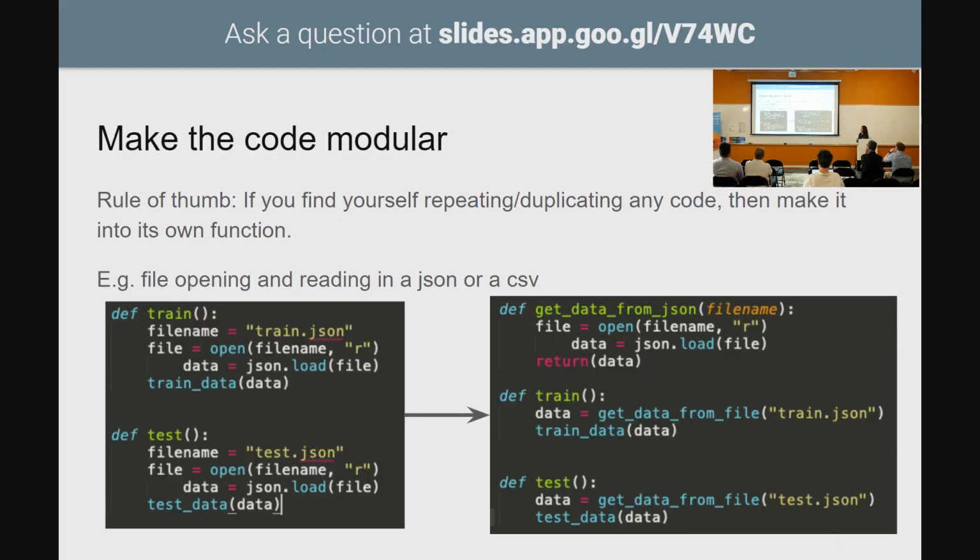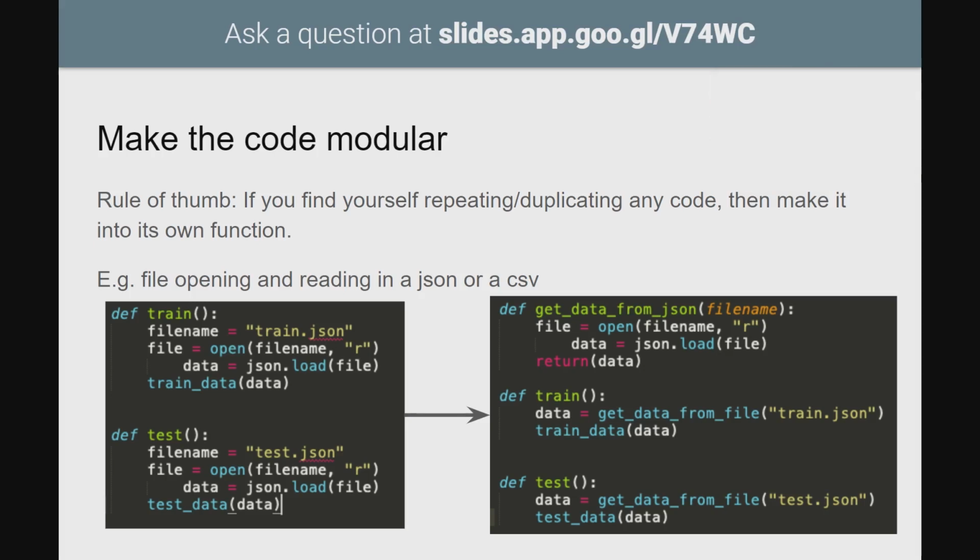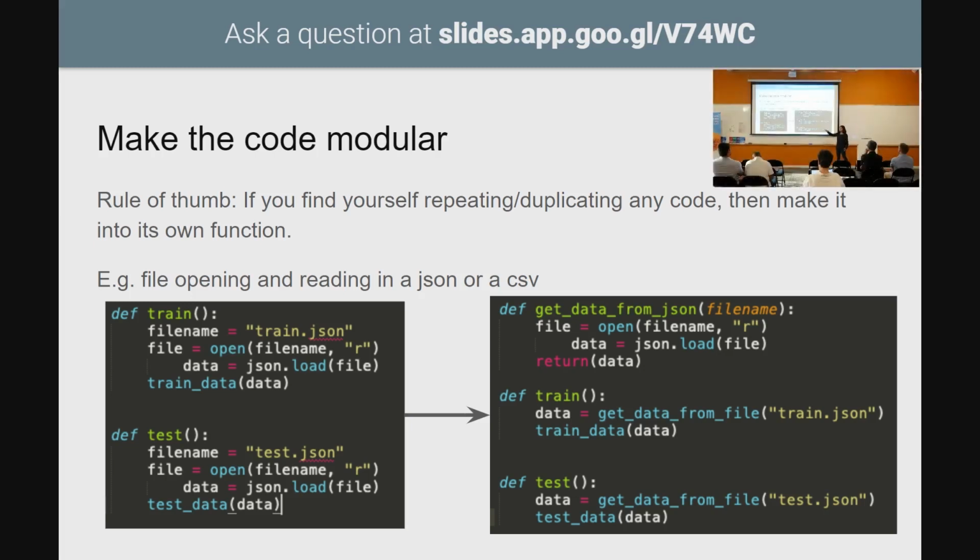So what does it mean to make code modular? And this is a gross simplification. But if you find yourself repeating or duplicating your code, just take that and make it into a separate function. It's a very simple example. The train and test both have a file opening system where it's loading it using JSON. Now say for instance you got a new file which is a CSV file. You'll have to find each and every place where you need to change that, and that leads to bugs, errors and reproducibility issues.